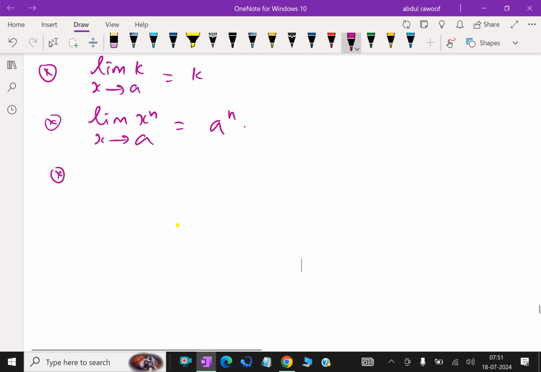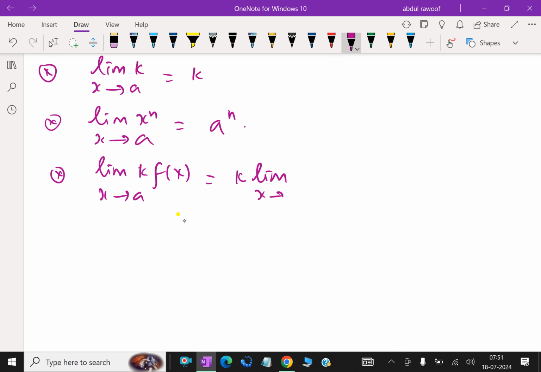Next one, the limit of k times f of x as x tends to a gives k times the limit of f of x as x tends to a, because the constant is not affected by limits, so it can be taken out of the limit.